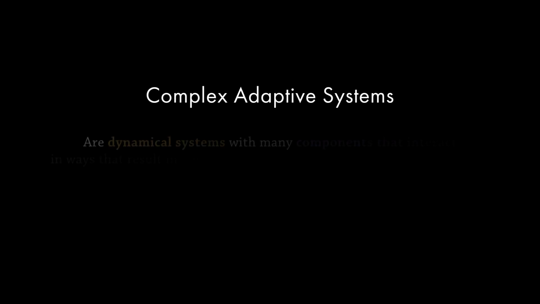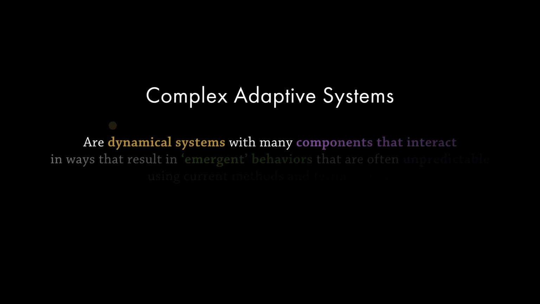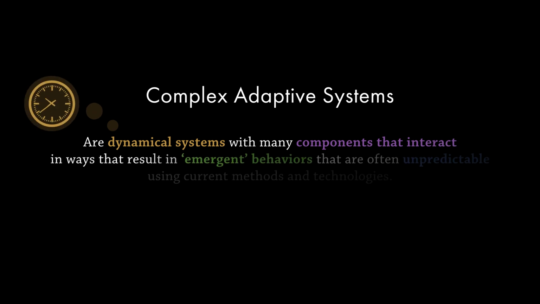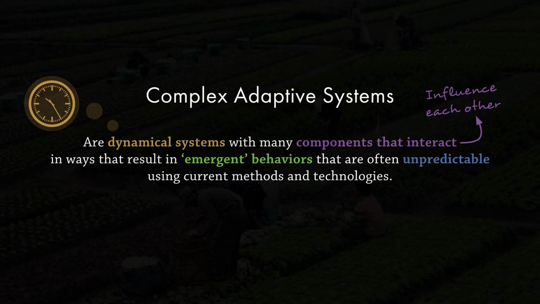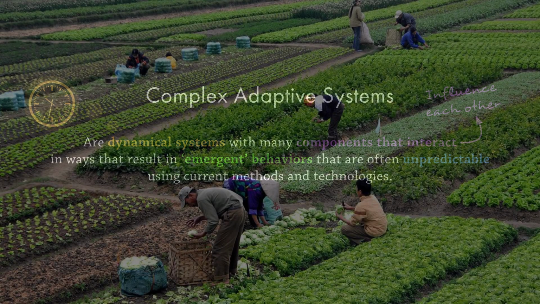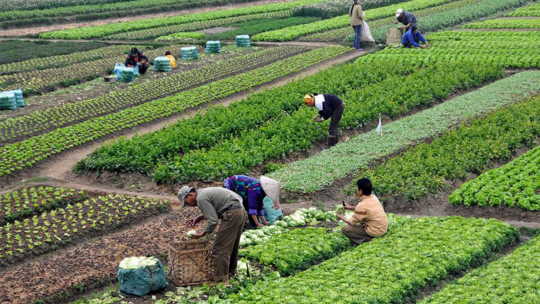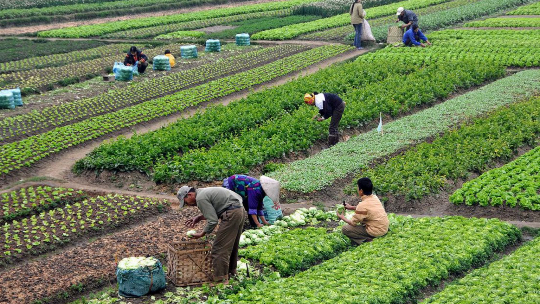The key characteristics of these are they are dynamical systems with many components that interact in ways that result in emergent system-level behaviors, also called states, and these are difficult to predict. System state or behavior is usually described qualitatively for socio-environmental systems.